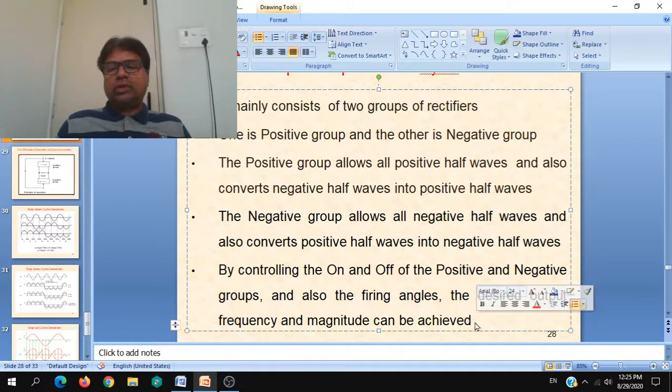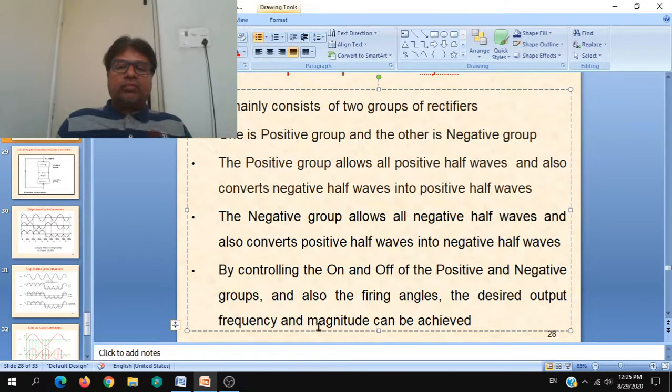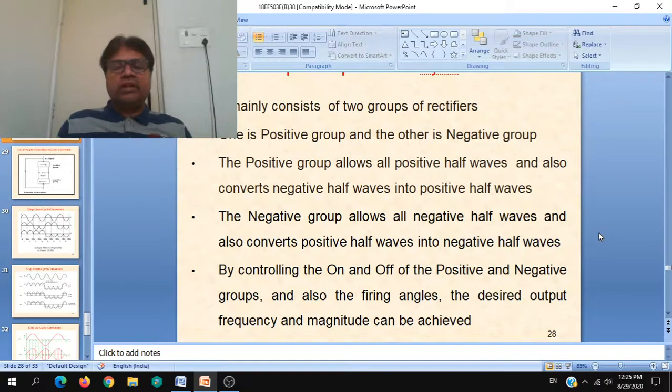So both can be controlled, but their basic action is only frequency. If you apply this firing angle, that is voltage control by voltage regulation action, there will be a lot of headaches, but that can be used for V by F control, particularly for speed control of induction motor drives.